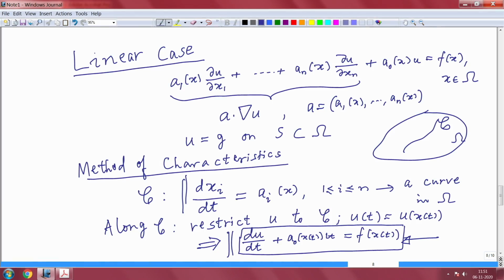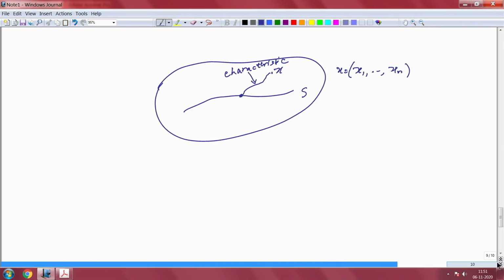Okay. And that is what you have learnt in the two variable case, and this is where the relation between this characteristic and this initial surface comes into picture. The S has to be non-characteristic.